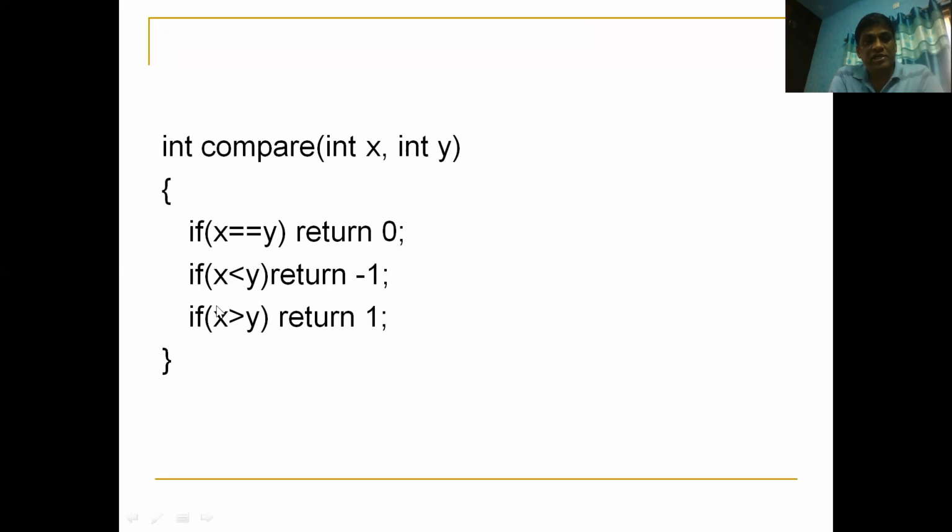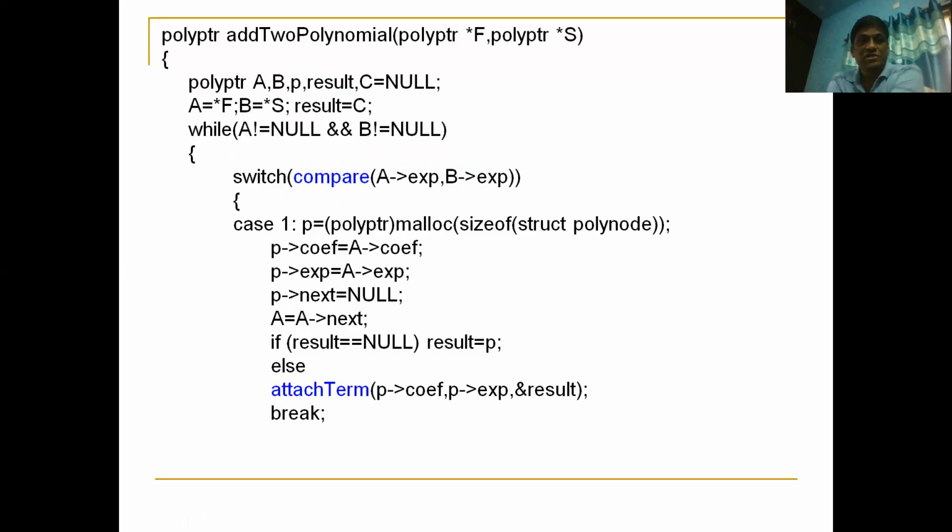If the exponent of the term in the first polynomial is greater than the exponent of the term in the second polynomial, then it returns 1. So we call that function to handle the cases. You will get either 1 or -1 or 0 from this function compare.